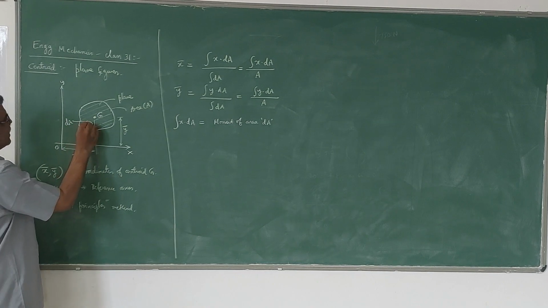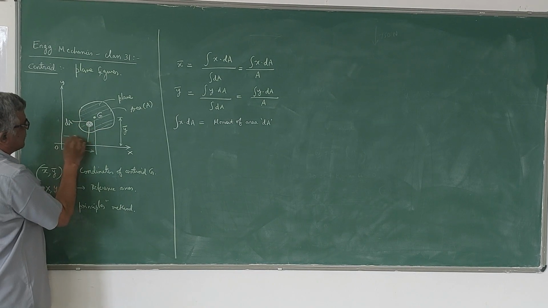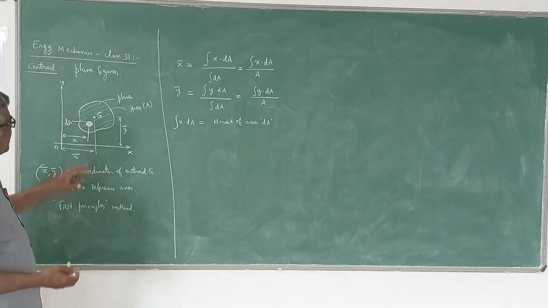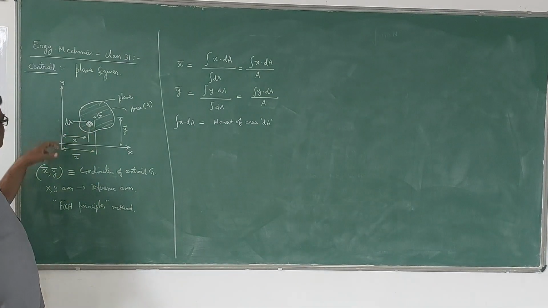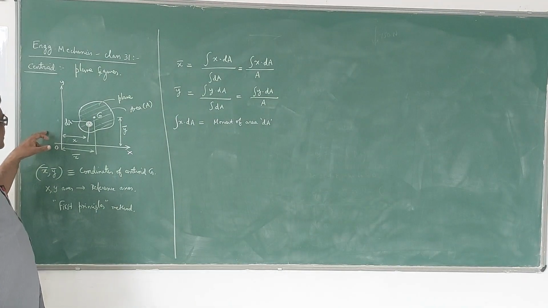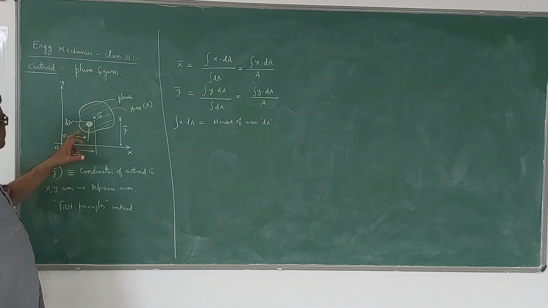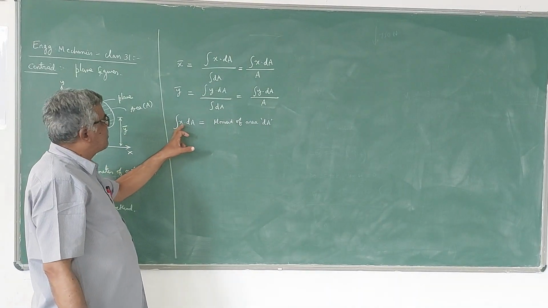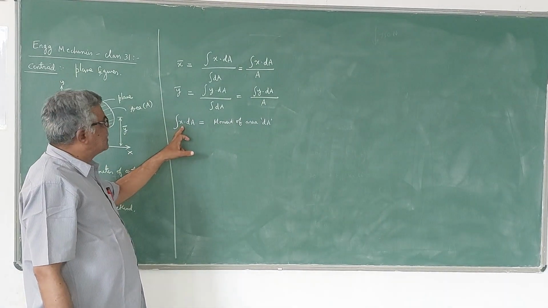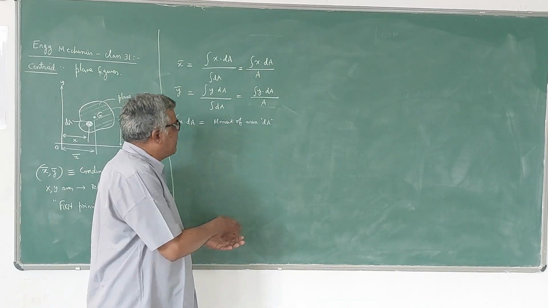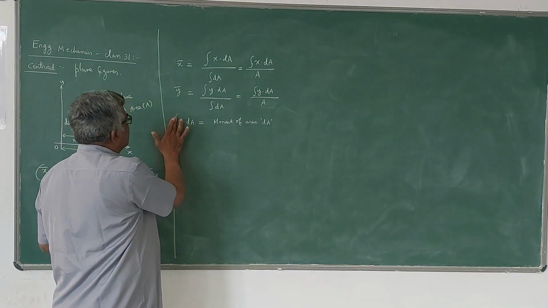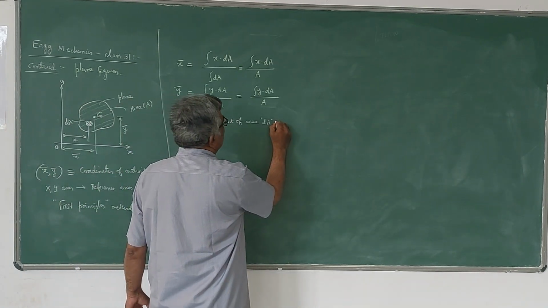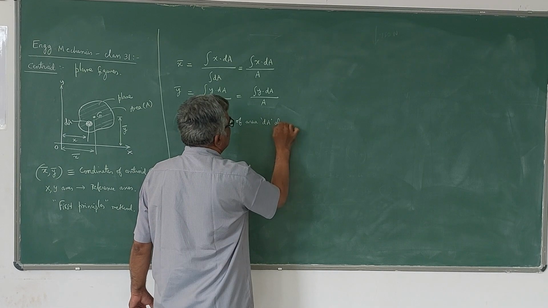Let us take its distance from the y-axis as x. If you calculate the moment of this area about the y-axis, it is nothing but area multiplied by distance. That means dA multiplied by the distance x. So x dA is the moment of the area dA about the y-axis.